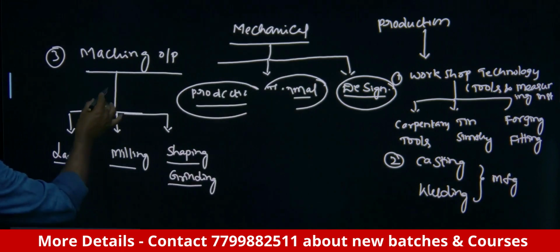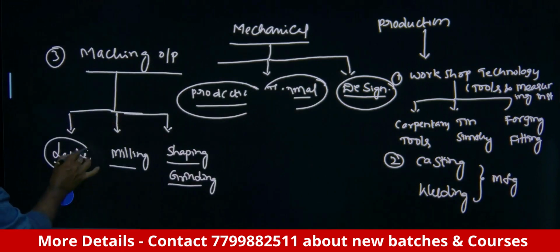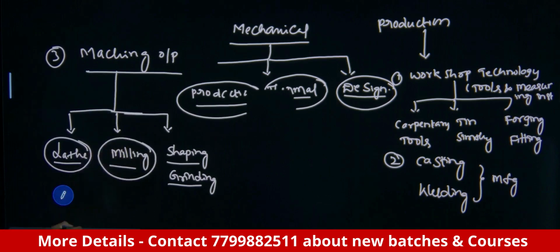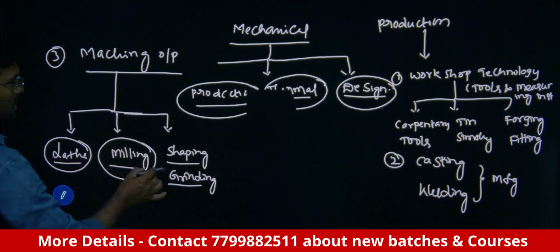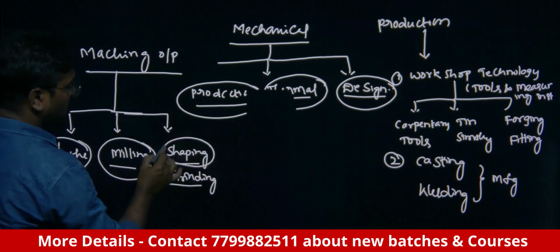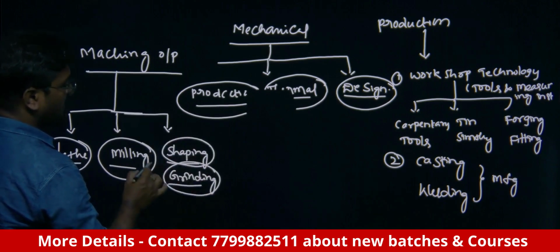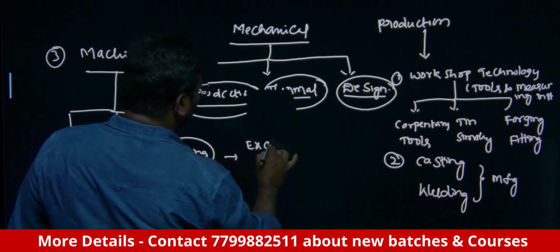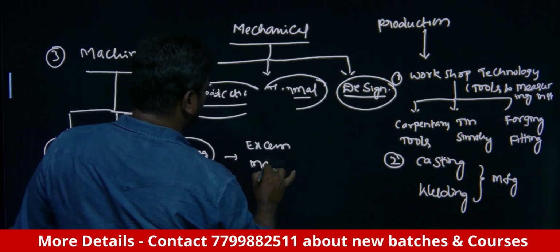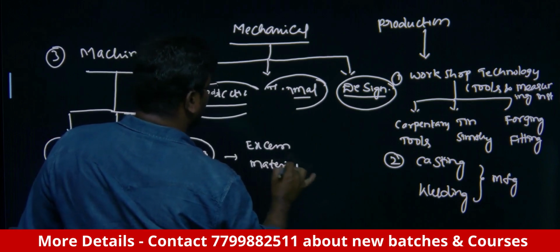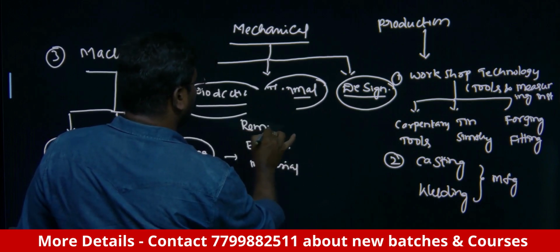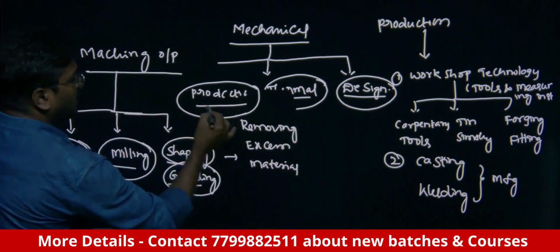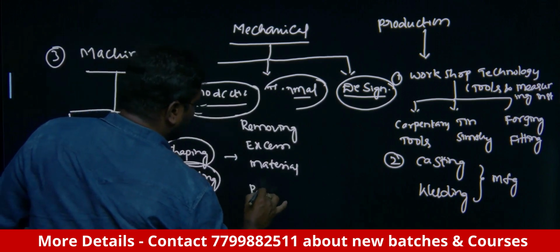In machining, you can use a lathe, a milling machine, you can do the shaping operation, you can do the grinding operation. All these are only removing excess material, so that finally the product will come into the picture.